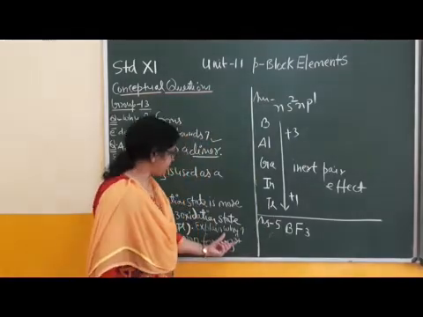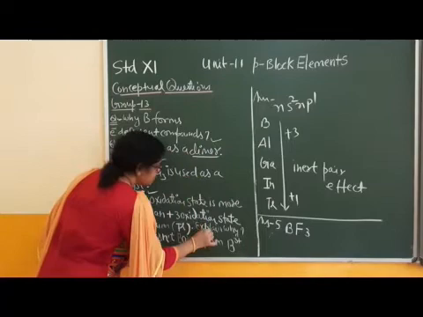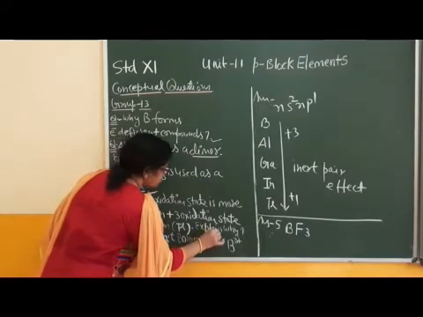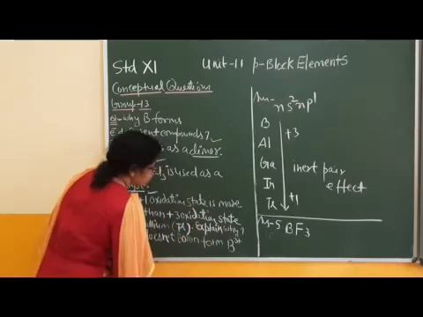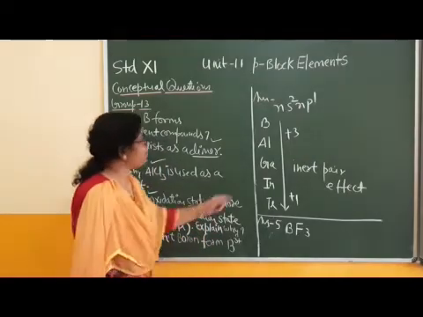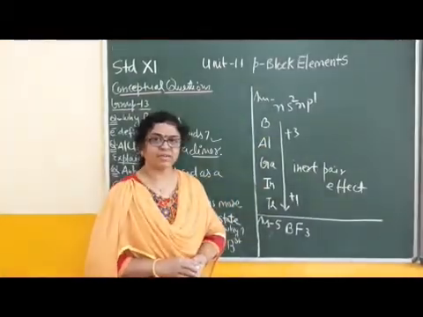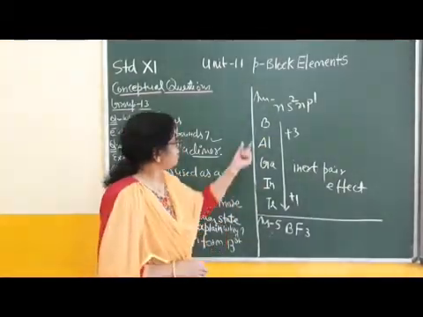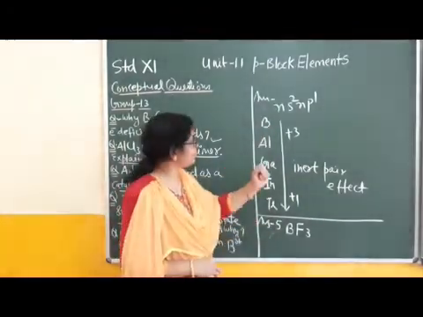Children, for formation of a cation, what is required? Ionization energy. For removal of valence electrons, some amount of energy is required, right? But boron is the first element in group 13.